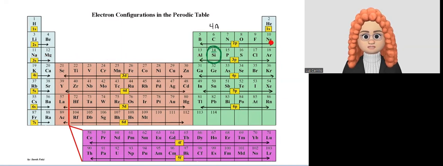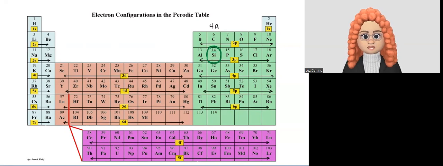Neon is the last noble gas that we have here that is before silicon. So that's why for this noble gas arrangement we're going to do it from the perspective of neon. It's going to be incorrect to actually put helium in brackets and then proceed with the rest of the electrons.